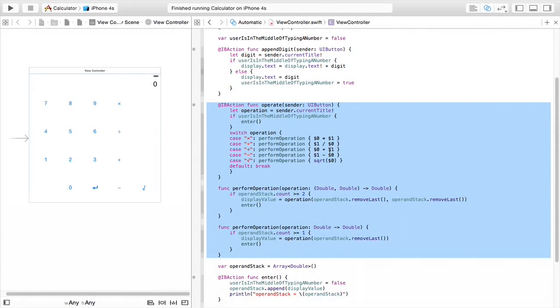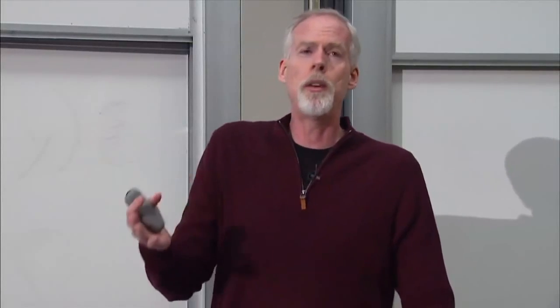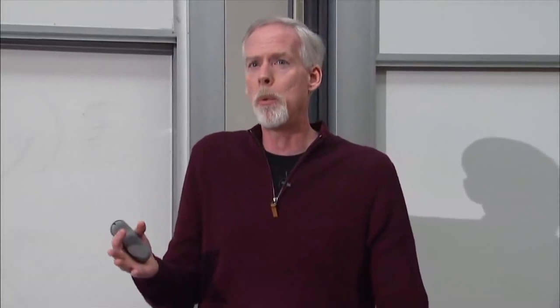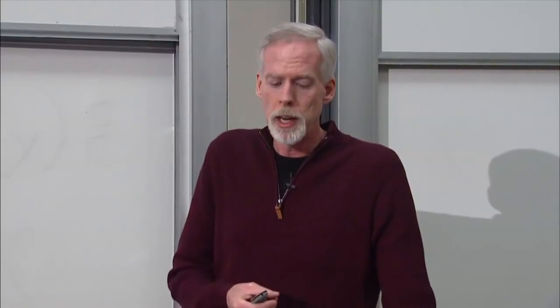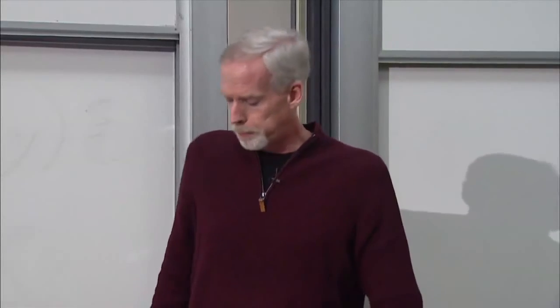So I'll give a little talk about MVC later today, and then on Monday we're going to fix our calculator to obey MVC and be a proper citizen in the iOS world, where all apps need to obey the Model View Controller paradigm. Half of you said that you already know MVC or you've seen it somewhere else, so this is going to be mostly a review, but for the other half of you, this will hopefully give you an idea of what MVC is all about.